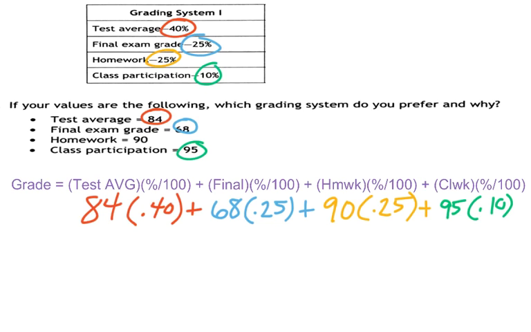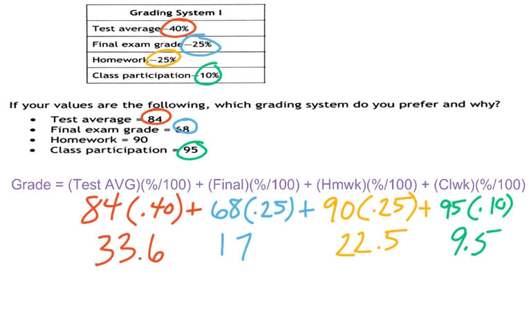Essentially, once you put all these numbers together like this, you can put it in the calculator, or you can calculate each one individually. 84 times 0.4 is 33.6. 68 times 0.25 is 17. 90 times 0.25 is 22.5. And 95 times 0.10 is 9.5.